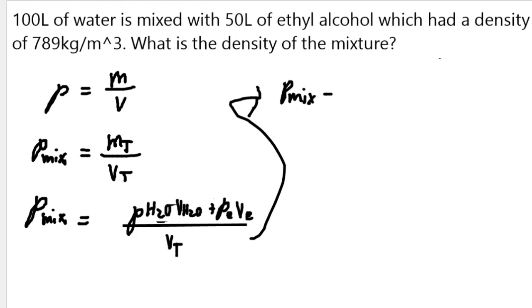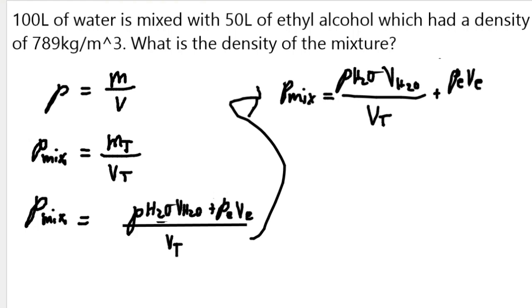So the density of the mixture is going to be the density of the water times the volume of the water divided by the total volume, plus the density of the ethyl alcohol times the volume of the ethyl alcohol divided by the total volume. See, it's just algebra. We know the density of the water is 1000 kilograms per cubic meter and the volume of the water here is 100 liters.